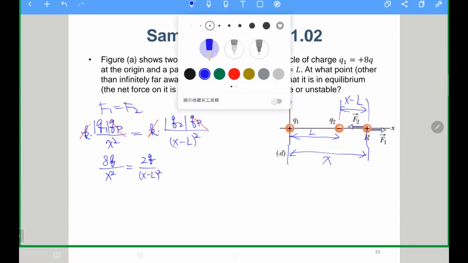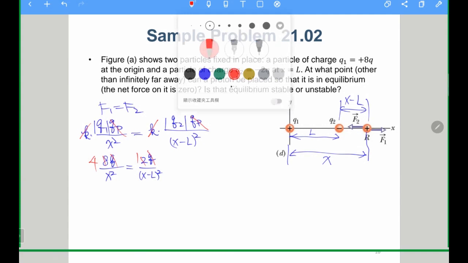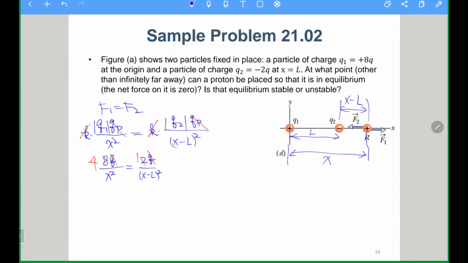Then we can also cancel Q, and then here we have a 4, this is 1. Okay, so we can do some simple algebraic calculation. Then we will get 4 times x squared minus 8xL plus 4L squared equals x squared.